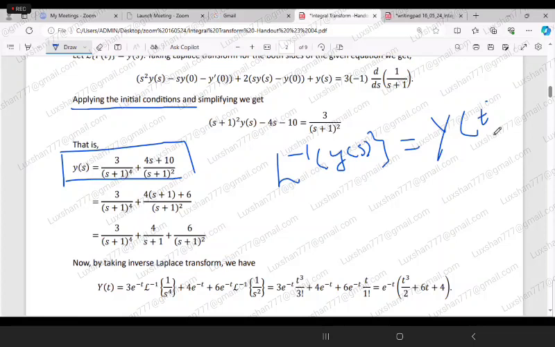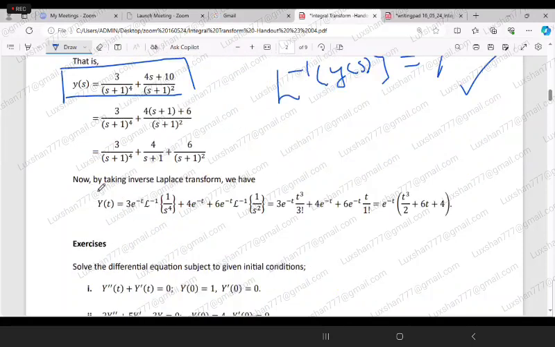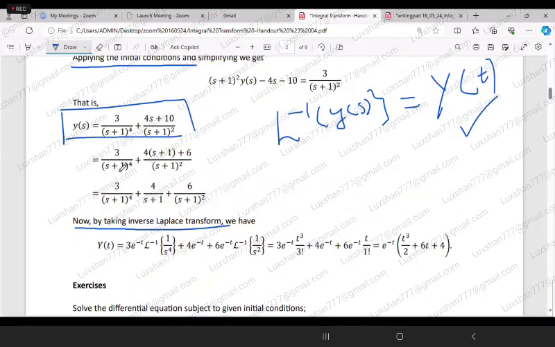This is what we want. Therefore, now we have Y(s) equal to this, and we are going to take the inverse Laplace transform. Before that, we are writing this in a different form so that we can easily write the inverse Laplace transform.